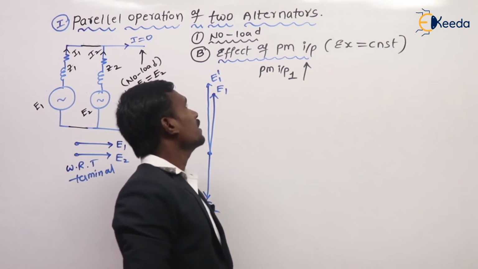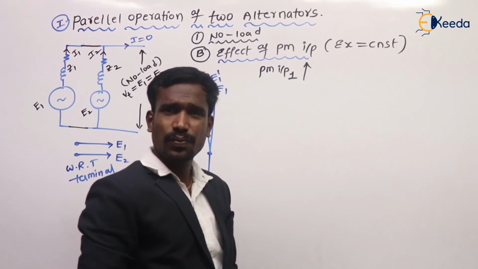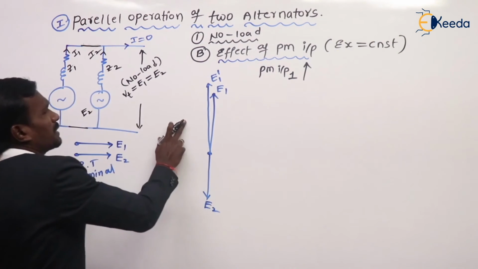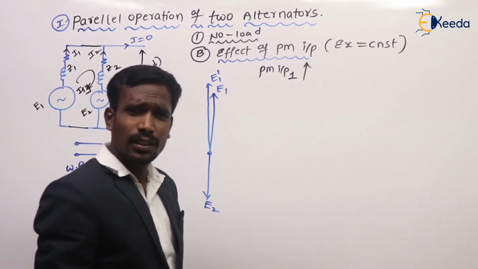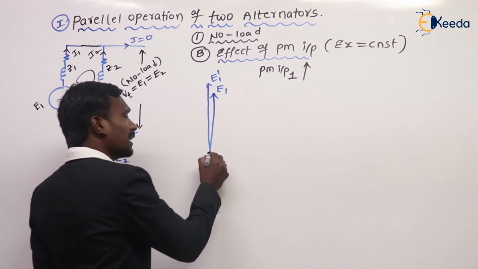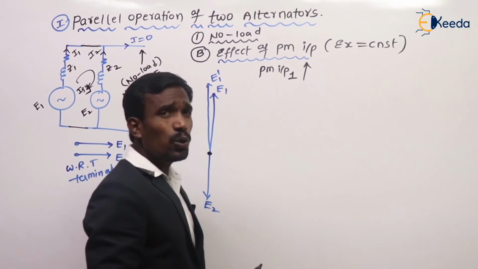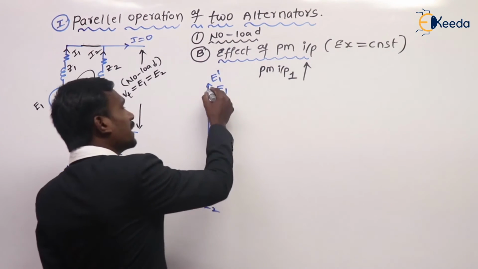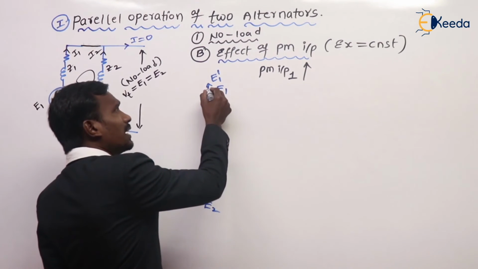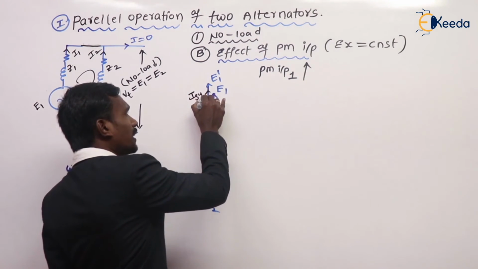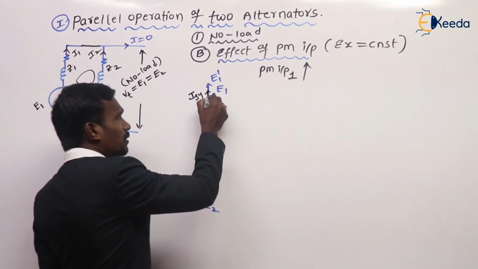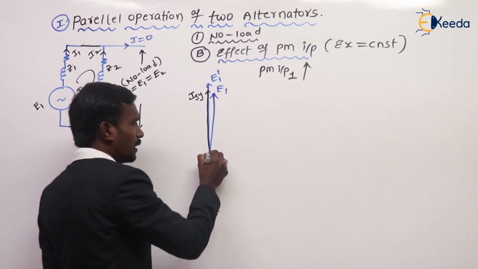Due to this disturbance, again circulating currents flow in our circuitry. These circulating currents are like this. This is the circulating current which is flowing.